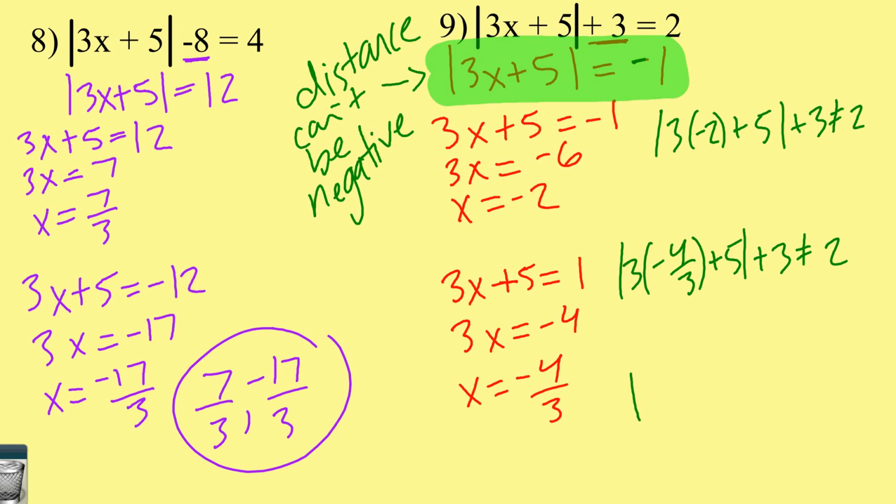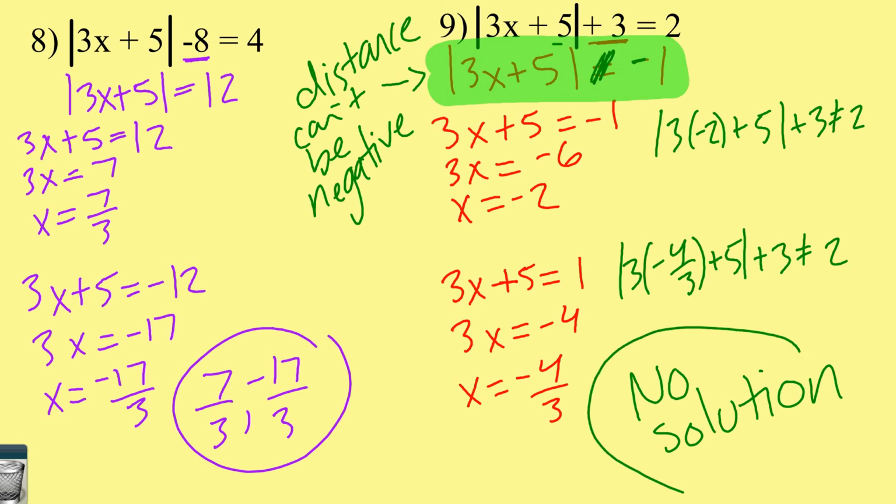This is a no solution. So just because you plugged it in and got something that was incorrect didn't mean that you did something wrong. I double checked everything. I redid the problem, right? I'm sure you guys will when that happens. All right, you should. But then look right here. This right here tells you an absolute value can't be negative. So this is never going to work out. All right, let's do some more practice.